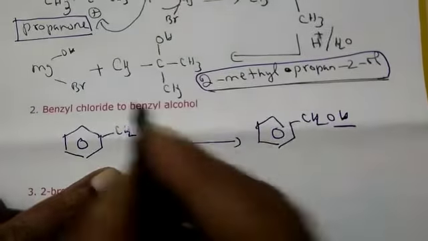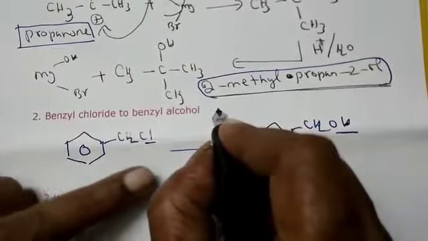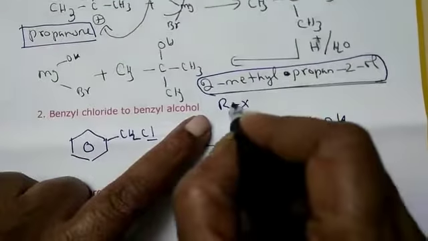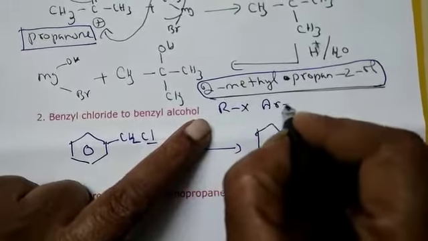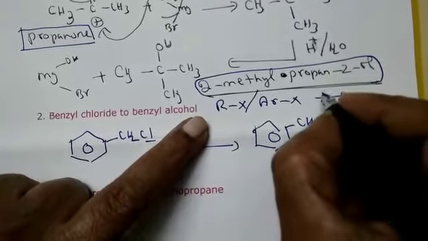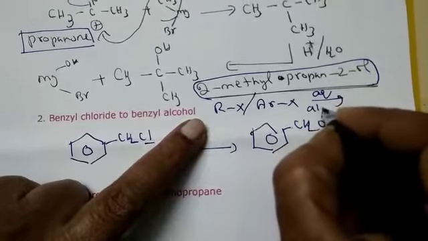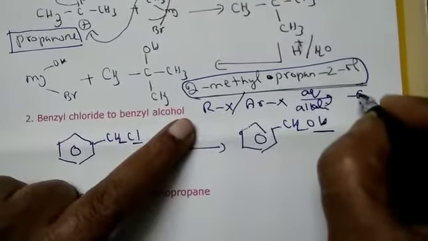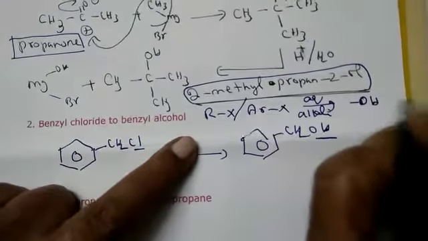So when it is a halide, the general information is R-X, that is alkyl halide or aromatic halide, any one, during hydrolysis with alkali, that is aqueous alkali, it gives you the corresponding alcohol. This is the knowledge.